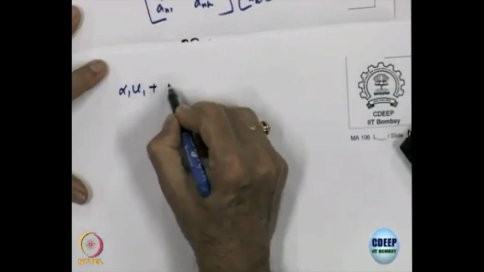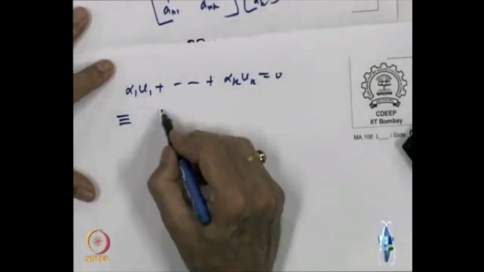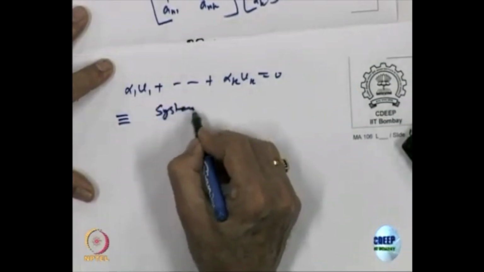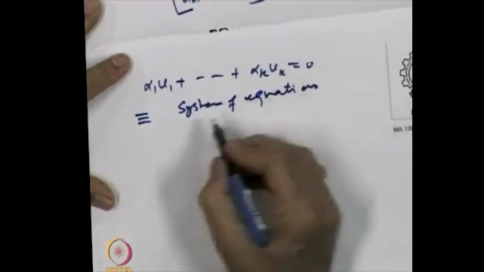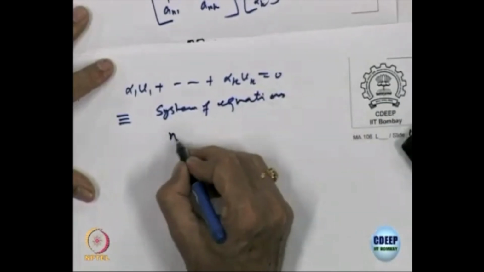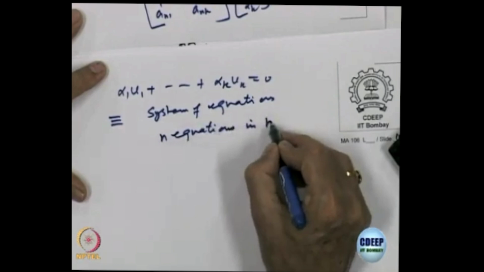So alpha 1 V1 plus alpha k Vk equal to 0 is equivalent to giving a system of equations. So we have n equations in k variables.